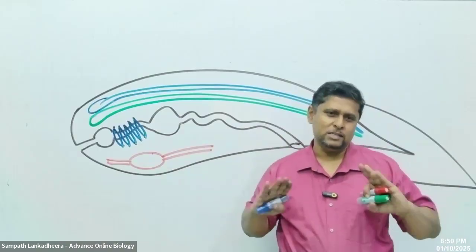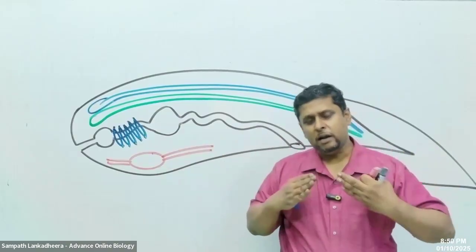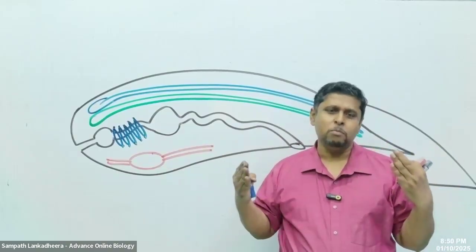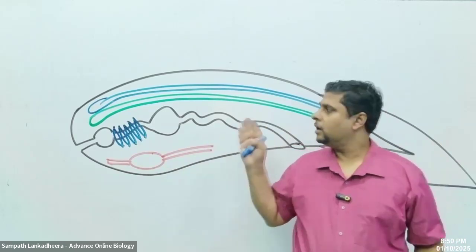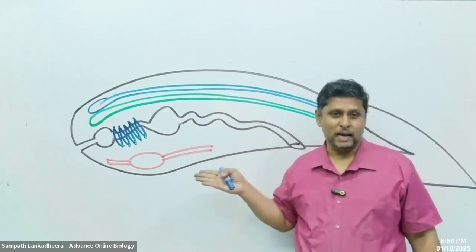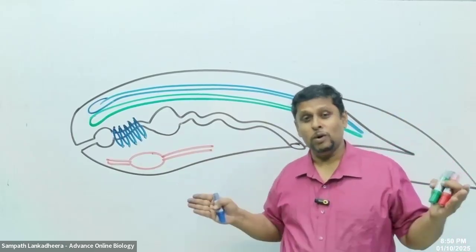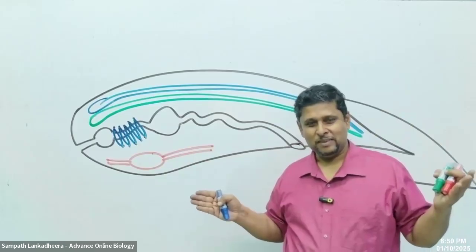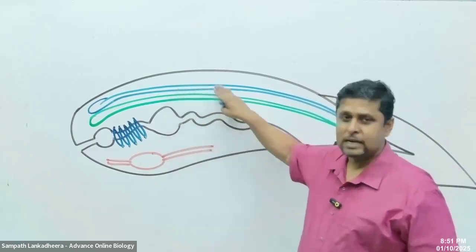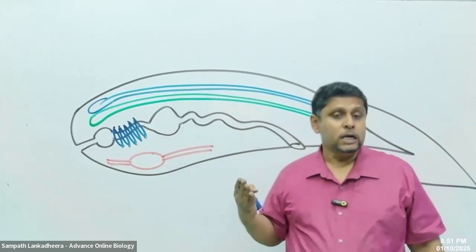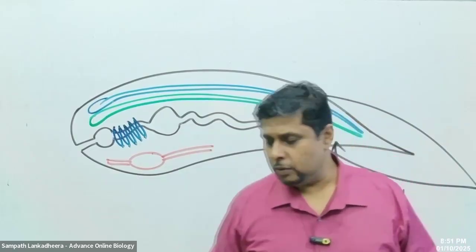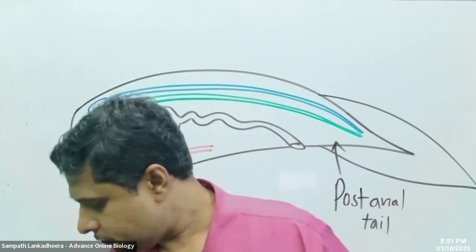I'm not saying that this is not suitable, but the spinal cord is more suitable when it comes to vertebrata. Now still we are talking about chordata, right? All chordates are not vertebrates, right? So therefore, people, we call this the dorsal tubular nerve cord.